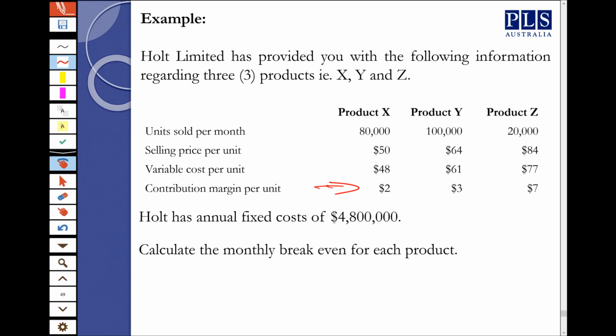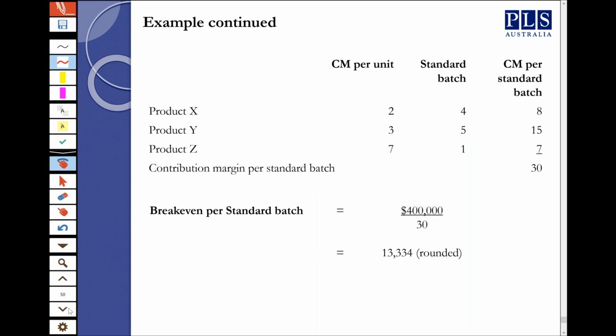So I sell 20 of Z. So 20 divides into 80 and 100 by 4 and 5. So therefore it would be 2 by the 4 would get me my 8. My 3 by my 5 would get me my 15. My 7 by my 1 would get me my 7. 8, 15, and 7 gets me 30.